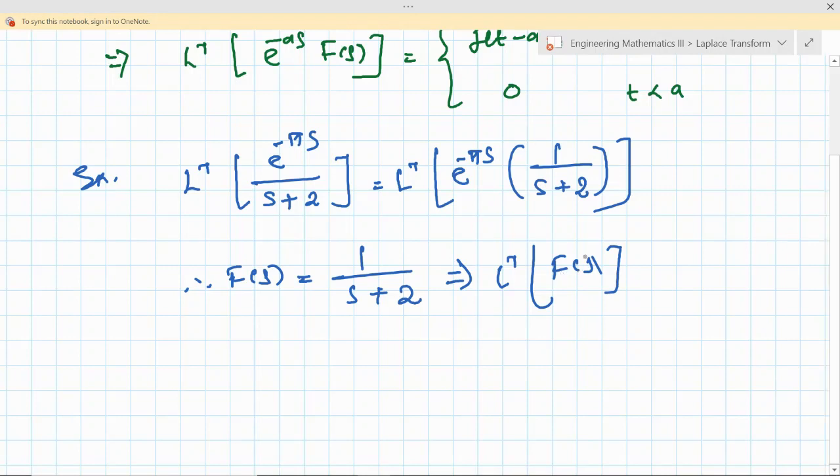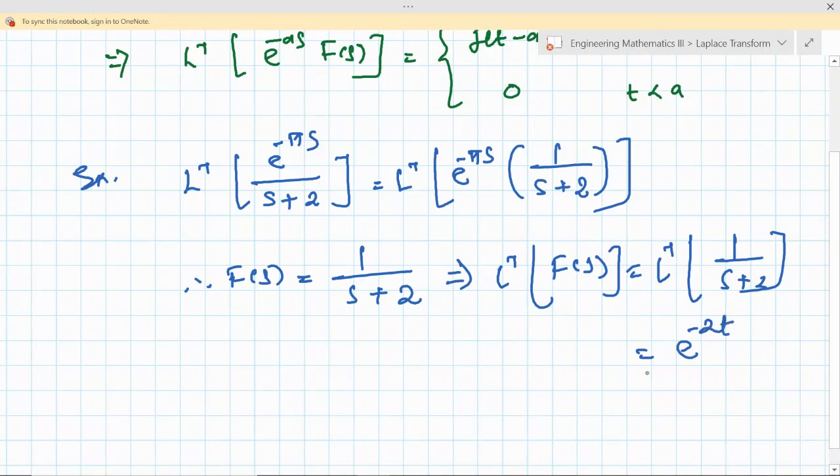Inverse of 1 upon s plus 2 is nothing but e raised to minus 2t. Am I right? This is the inverse of this, and this is our f of t.